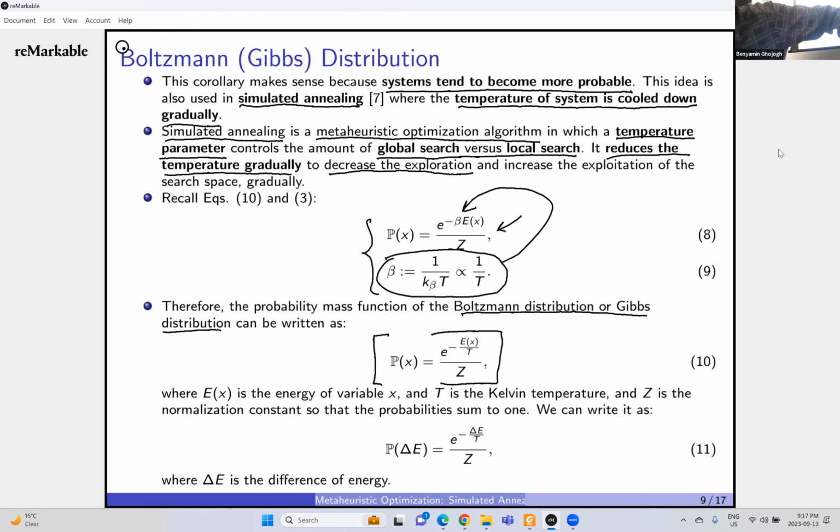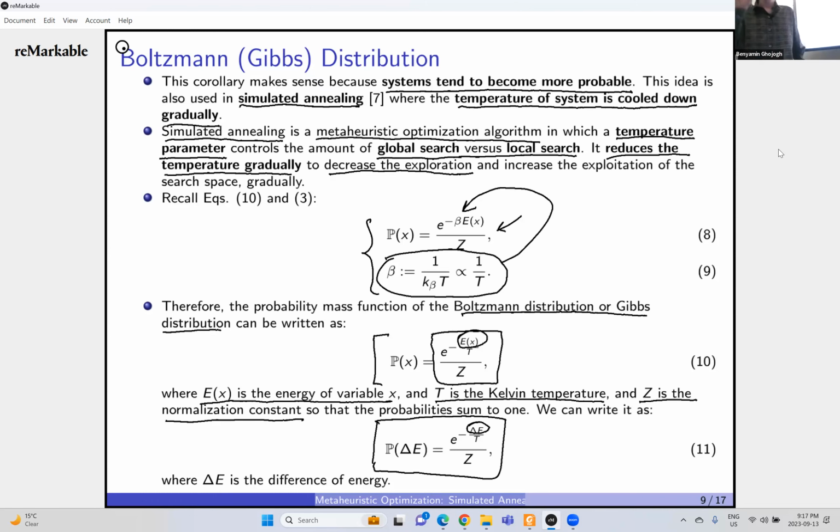Then I can have the Boltzmann distribution as this: e to the power minus E of x over T, temperature, the whole thing over Z, right? E of x is the energy of variable x, T is the Kelvin temperature, Z is the normalization constant. And we can replace this energy with delta E, the difference of energies. So rather than E of x, I say delta E. Delta E, I mean the difference of energies.